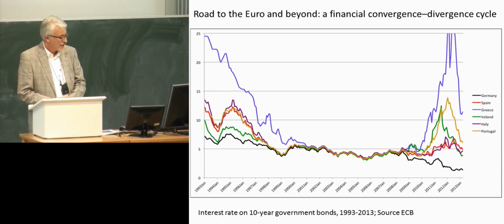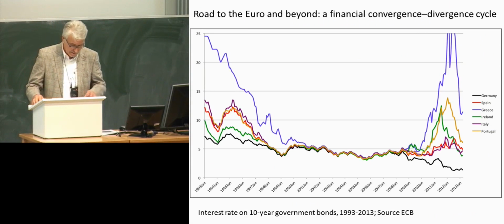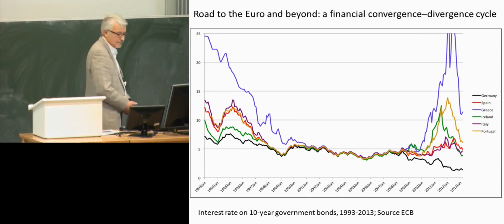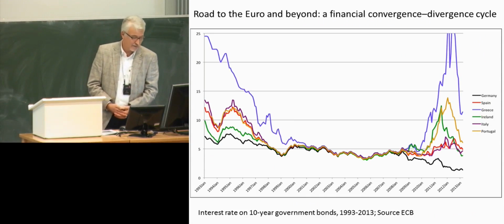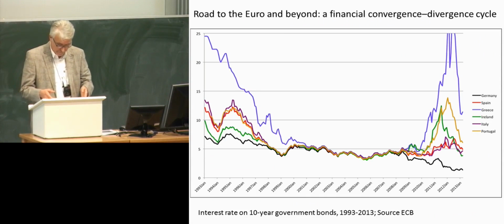So the financial markets got dried out in a way, and there was no more easy, cheap money for countries like Greece, because the investors did not trust Greece anymore to be able to repay their debts.